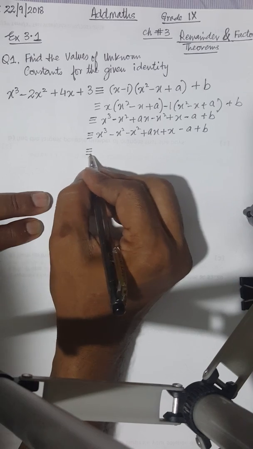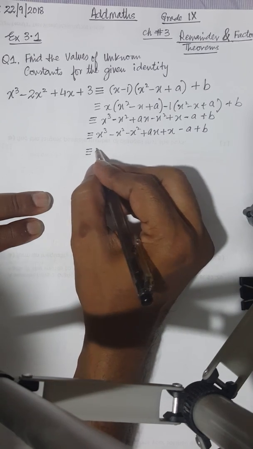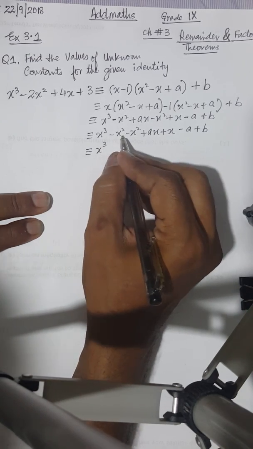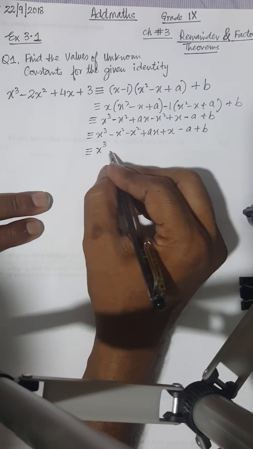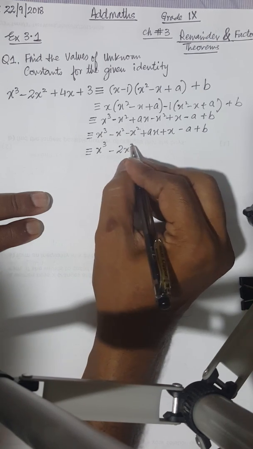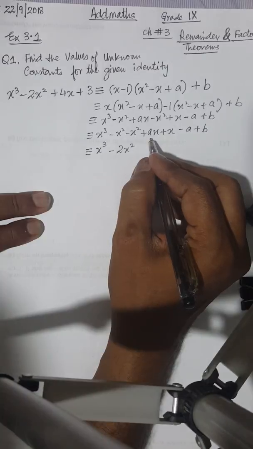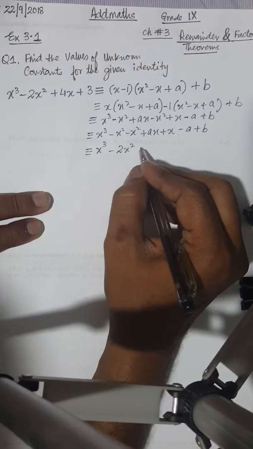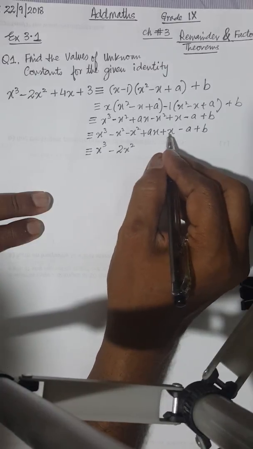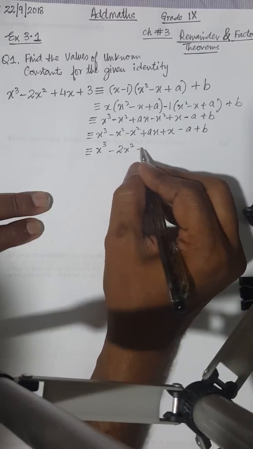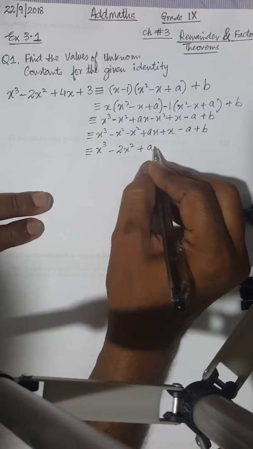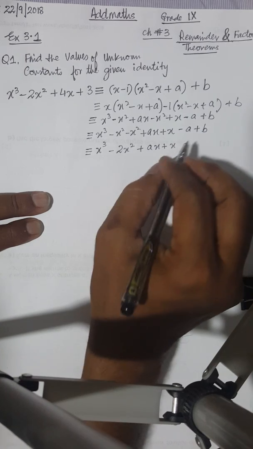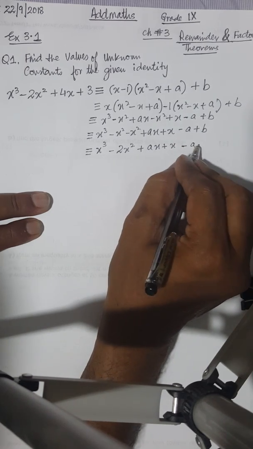Okay, we'll again try to simplify it more. x cube, negative x square minus x square becomes negative 2x square. And we have ax, we have x, so we cannot add them. Let's write it down again. ax plus x minus a plus b.